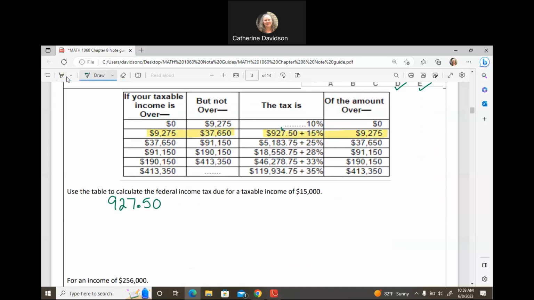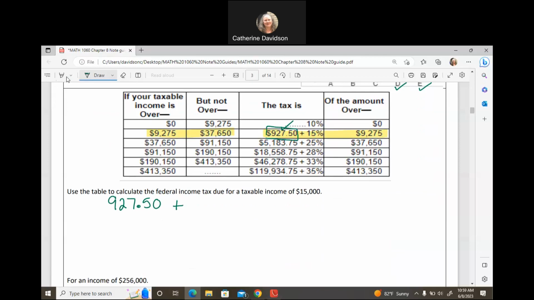I'm getting that from right here. Plus, you're going to pay 15% of any amount that you earn over $9,275. So this essentially is the tax, okay, for the first $9,275. Anything that you make over that is going to be taxed at a rate of 15%.